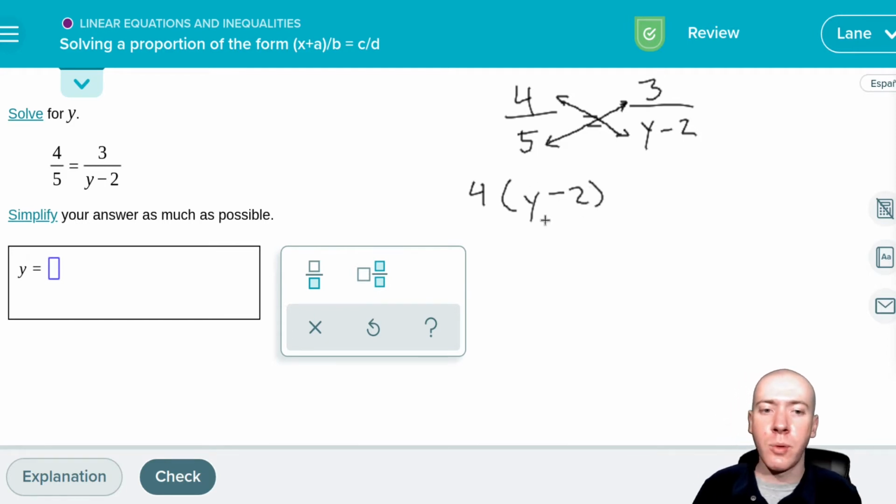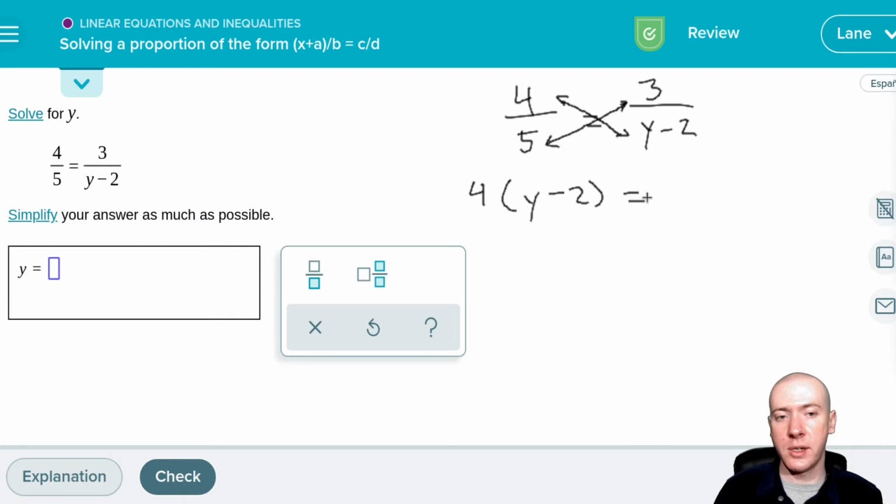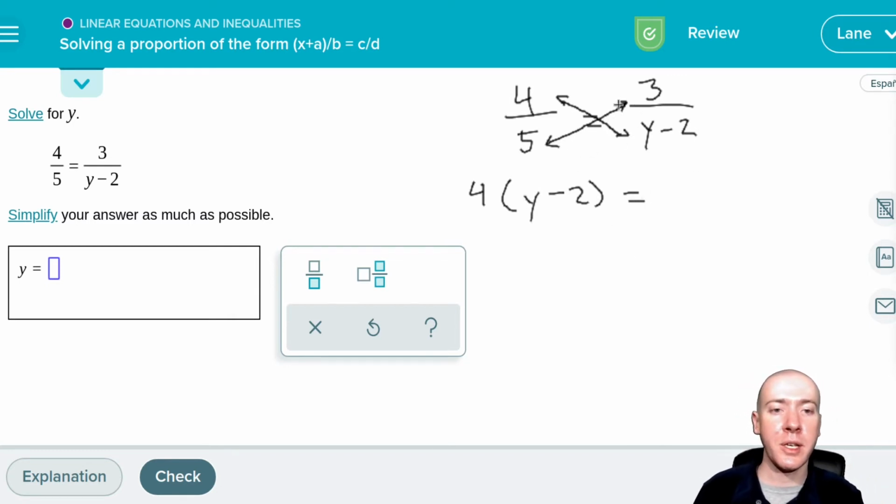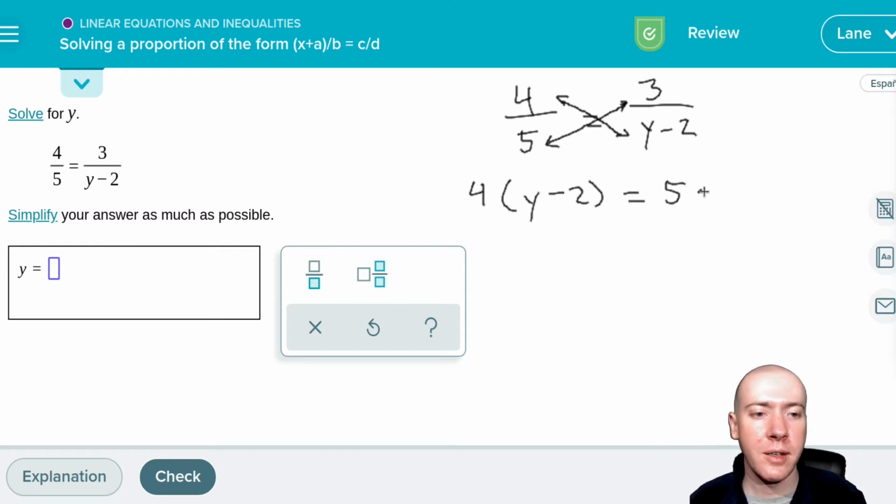You need to put the y minus 2 in parentheses, okay? This is 4 times y minus 2. Then on the other side of our equal sign, we're going to put the result of multiplication from the line going this way, which is 5 times 3. Okay, so I'm just going to write that like this, 5 times 3. All right, so that's our first step.